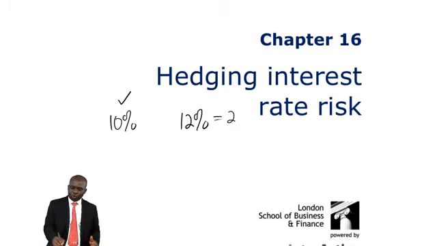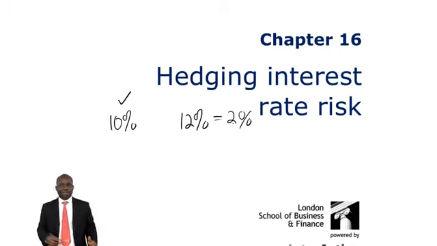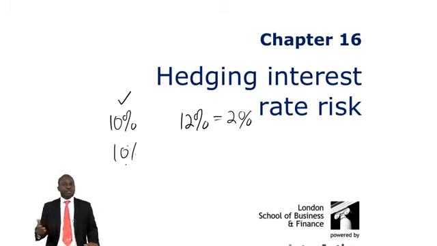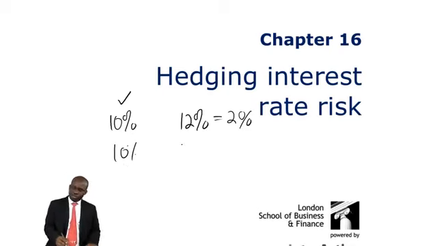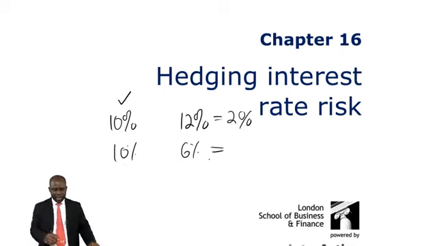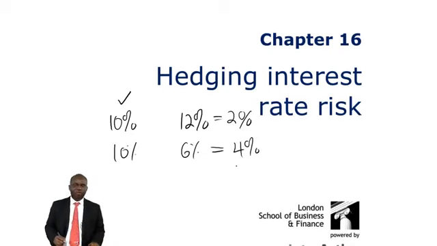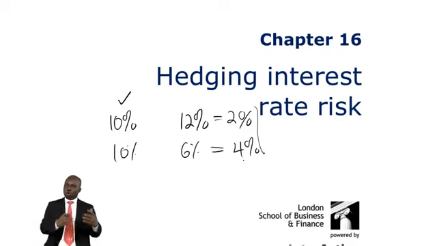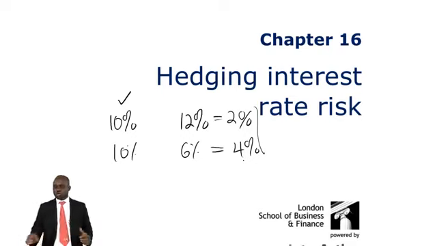But because I waited, I am now paying 12%. So I have lost what? 2%. In another circumstance, today is 10%. In 3 months' time when I was borrowing, the interest rate has gone to 6%. I will say hooray, because I have saved 4%. This movement in the interest rate that will bring about this gain or loss is what is called interest rate risk.